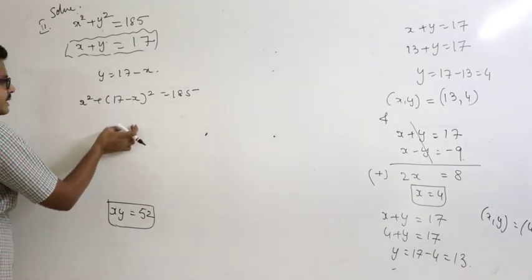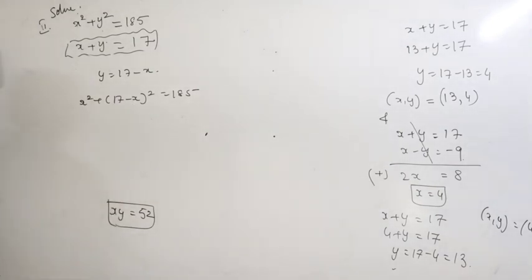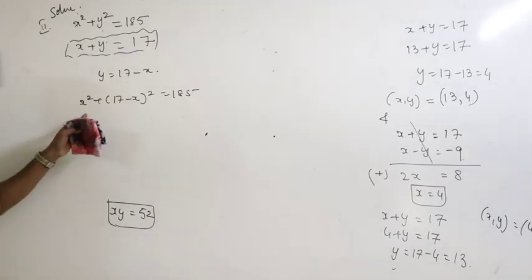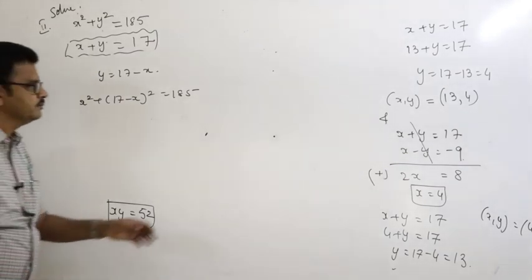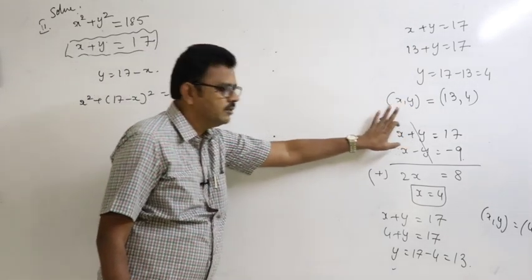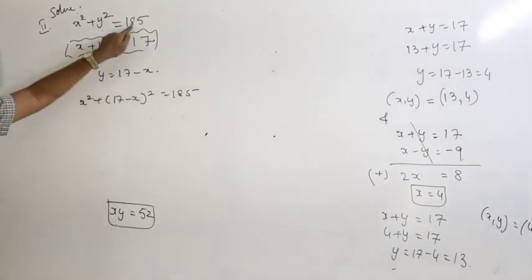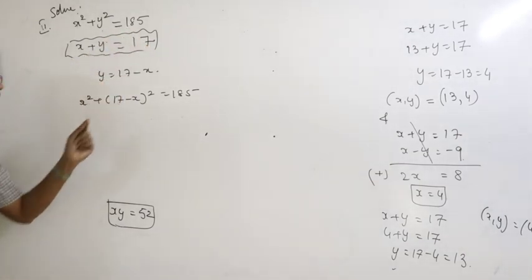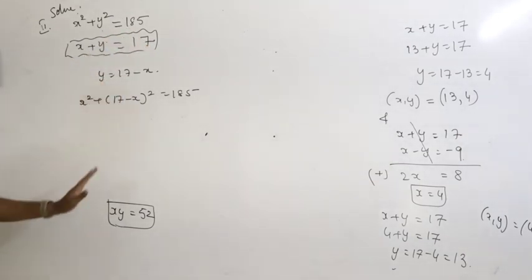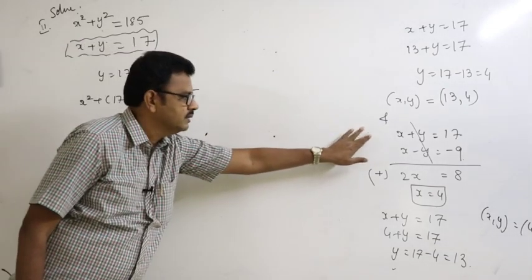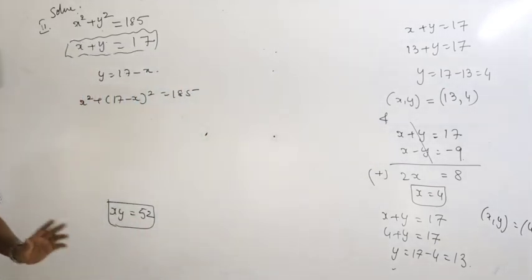Then after simplification, x has two values, and for that you find the related y value. But what I am saying is, which process to choose depends on the problems. If the numbers are very simple, you go through this process. Anyway, you have to do this method a little bit, you will get some practice.